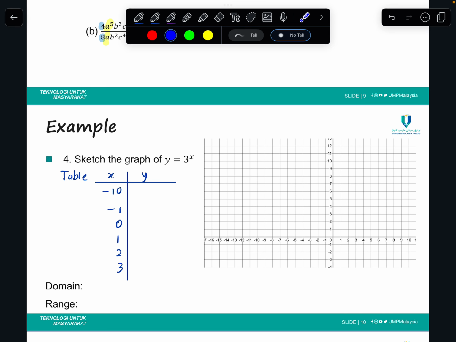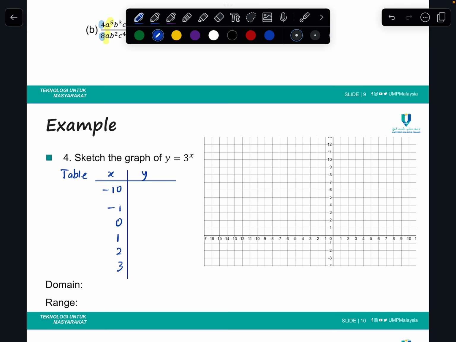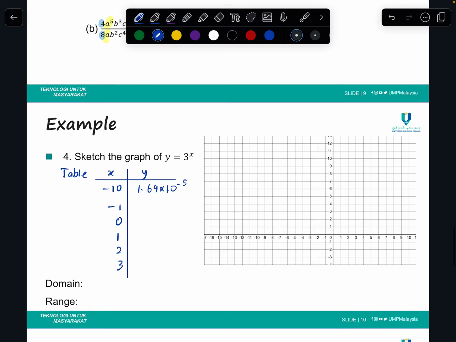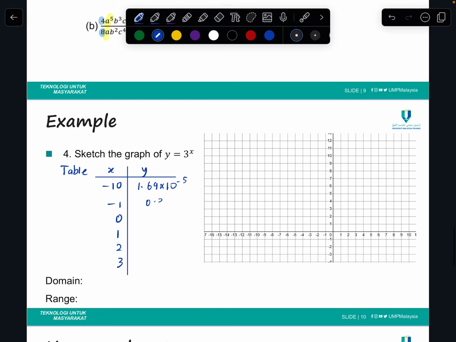And by putting these x values into y, you can calculate each one. So for negative 10, it is equal to 1.69 times 10 to the power negative 5. For negative 1 it is 0.3, if 0 it is 1, if 1 it is 3, x2 is 9, x3 is 27.